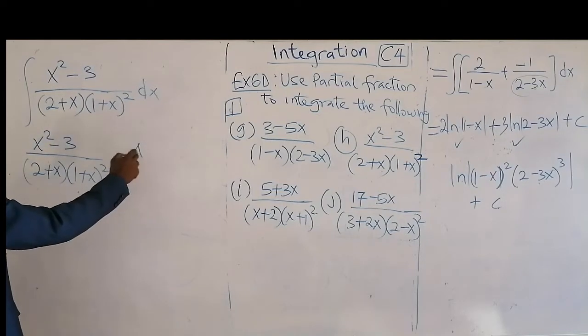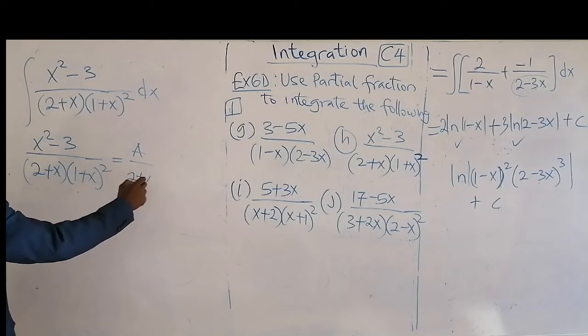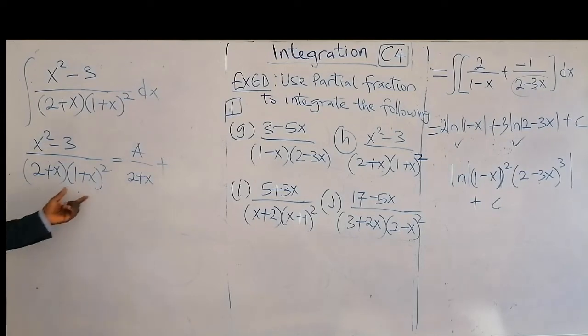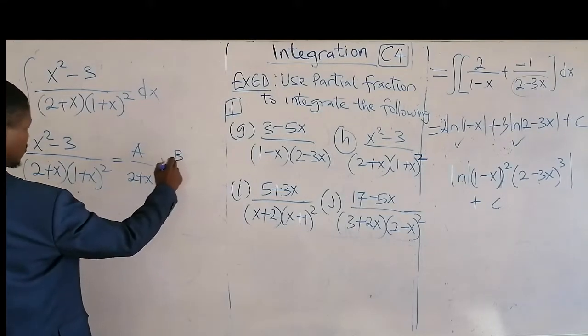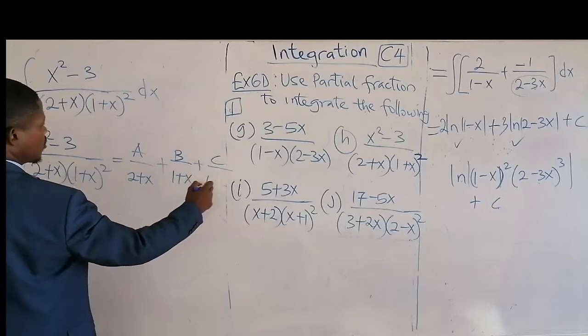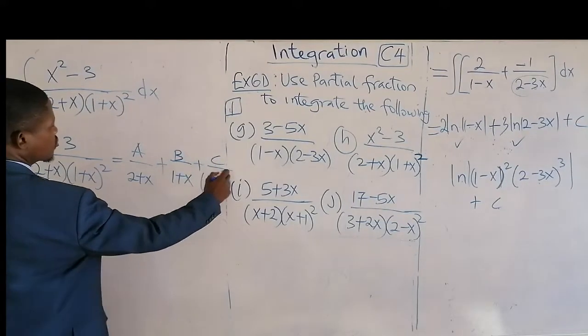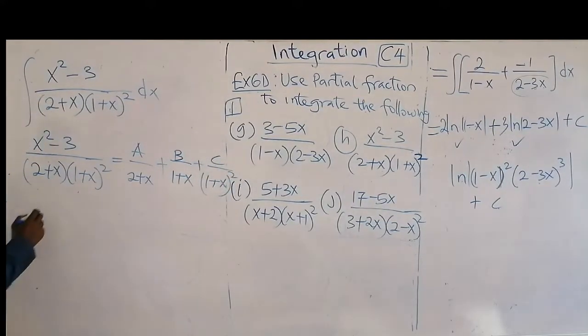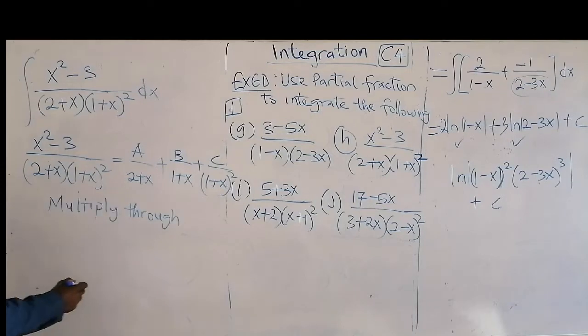This will be A over 2 plus x. 1 plus x squared is a repeated linear factor, so we have B over 1 plus x, then plus C over 1 plus x all squared. Then multiply through by the common factor.